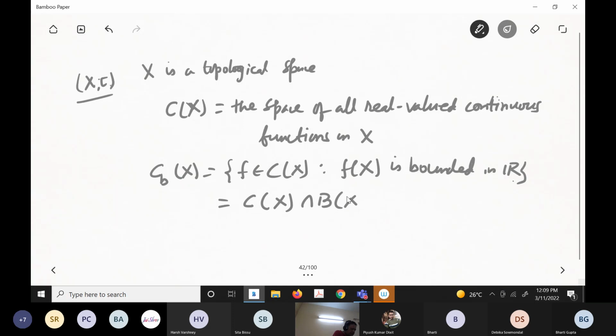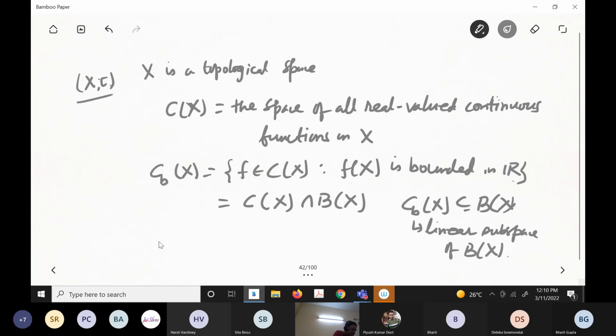So in particular, this is a subset of this, actually a linear subspace of B(X). This is also a linear space, so this is a linear subspace of B(X). Here you can give this norm, this infinity norm. This is a normed linear space.